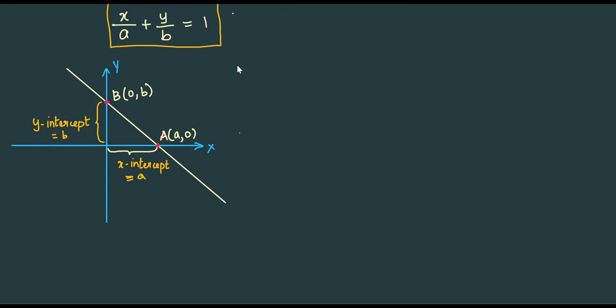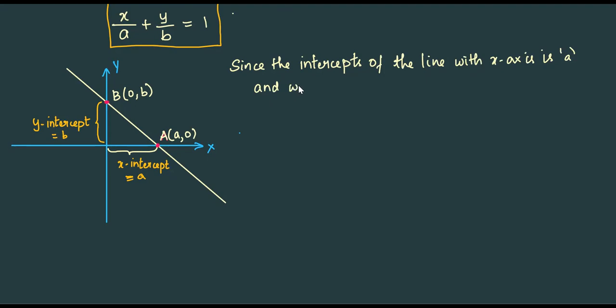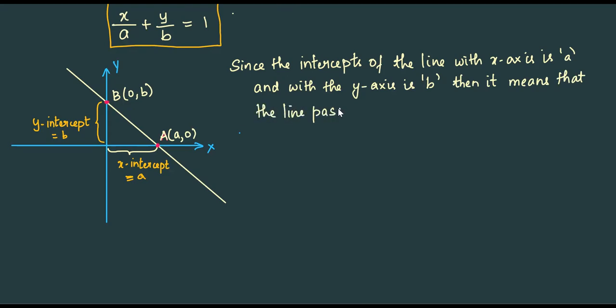So since the intercepts of the line with the x-axis is a and with the y-axis is b, it means that the line passes through a comma 0 and 0 comma b.